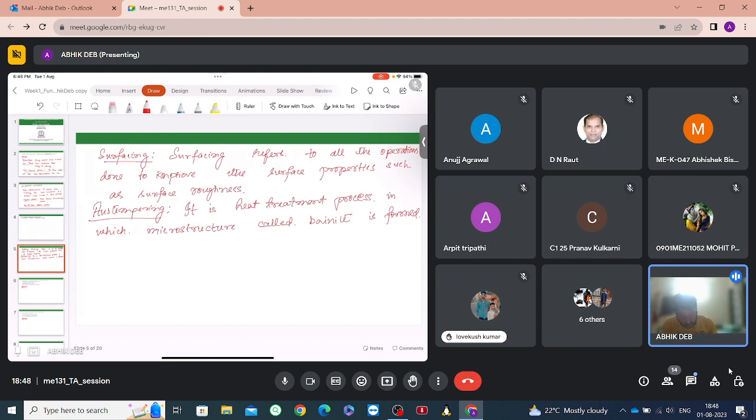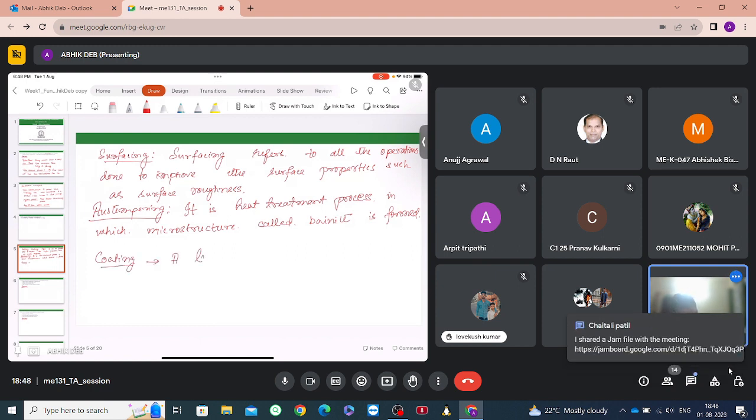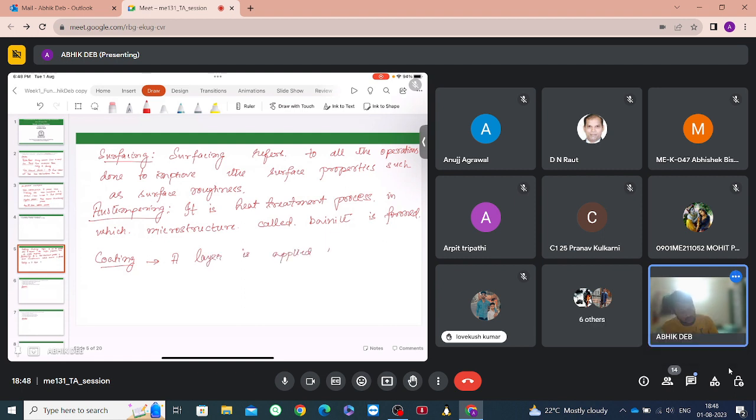And coming to coating, a layer is applied on the surface of a component to improve surface properties, like corrosion resistance.